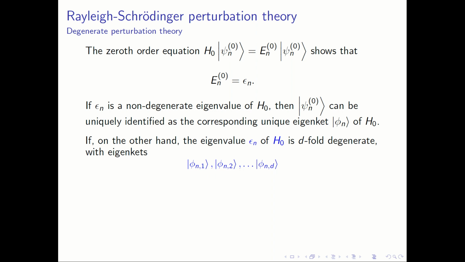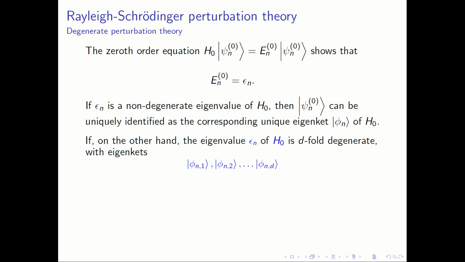Now, what happens if, on the other hand, the eigenvalue epsilon n of H 0 is not non-degenerate but is degenerate? Let us say it is d-fold degenerate. Then the eigenkets for that are phi n1, phi n2 up to phi nd, which we assume have already been orthonormalized. Now, what can you say about psi n 0?